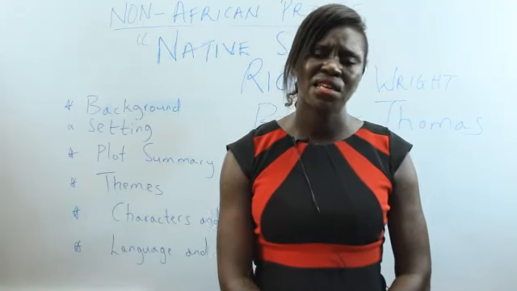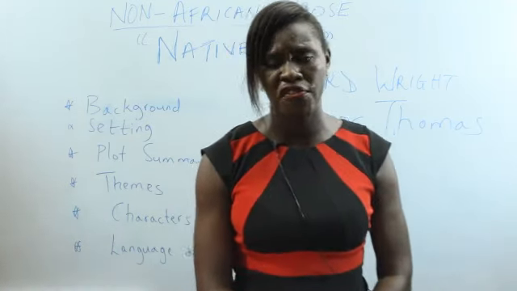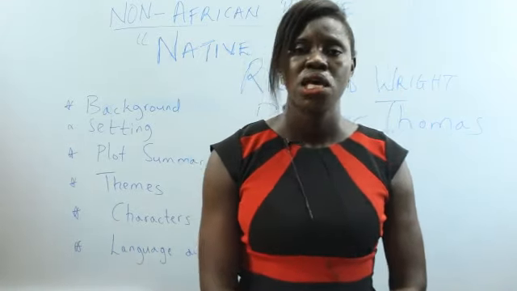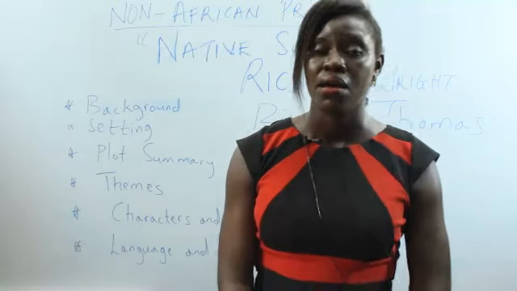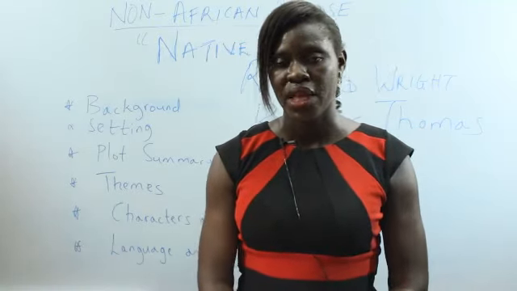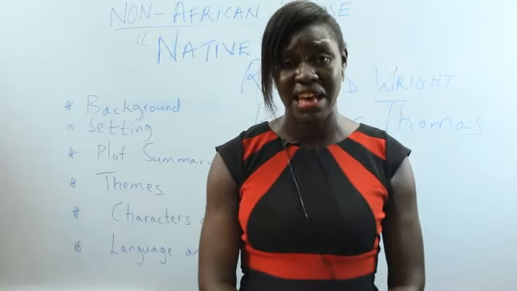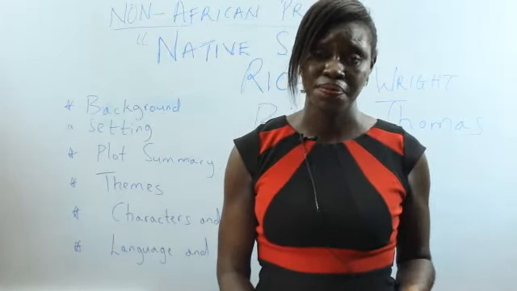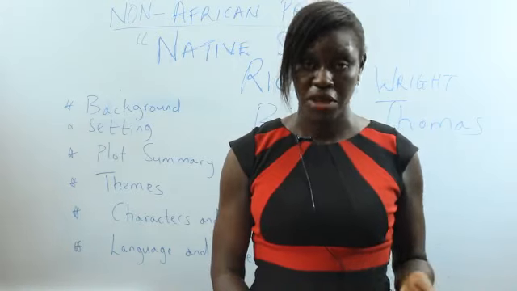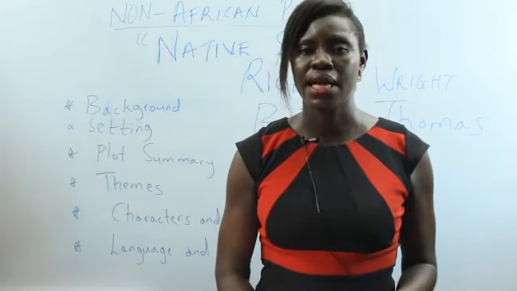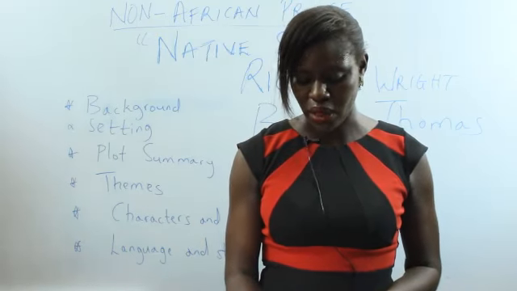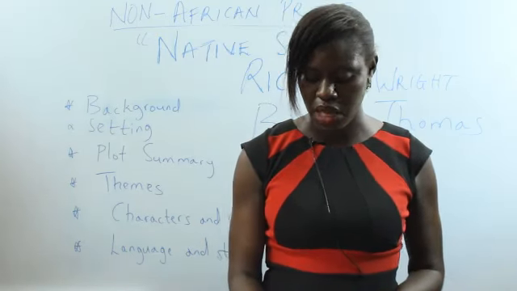Now, you'll find out that in the midst of Bigger Thomas being in a community where he is being oppressed by white people, there are still some white people who are nice to him. For example, Jan, Mary, whom he killed, and Max Boris, the white lawyer who defends him in court.